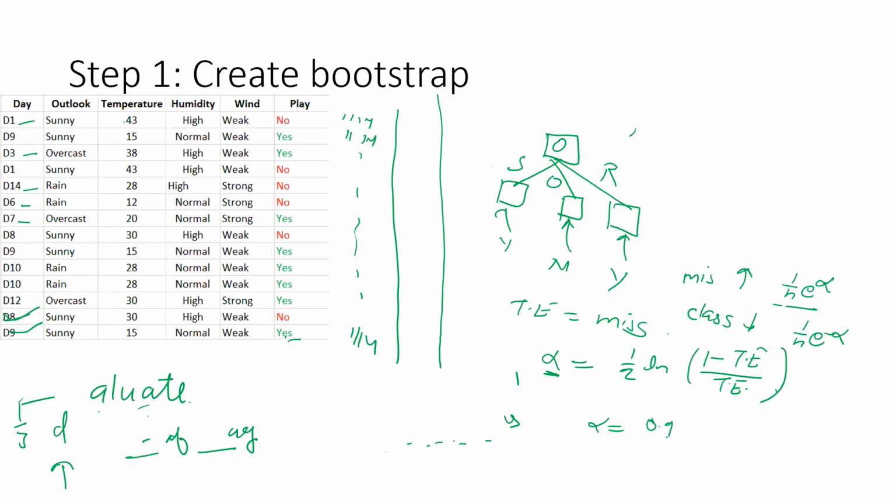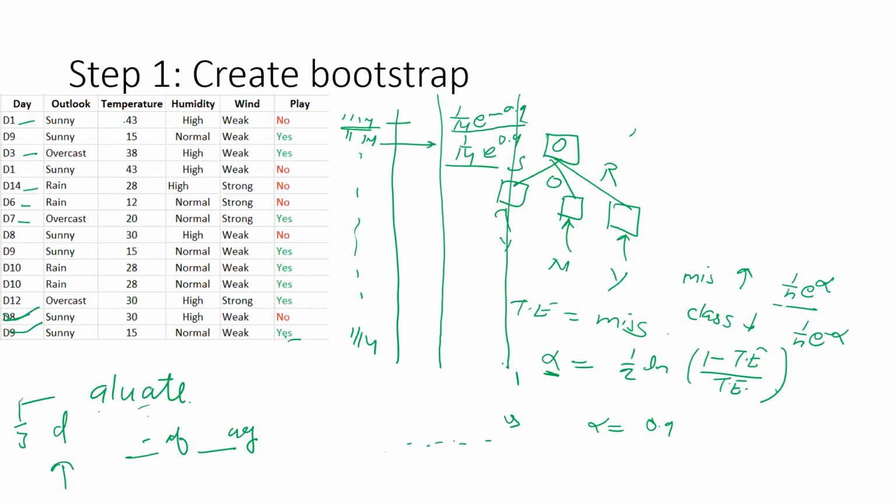If this example is correctly classified, the next sample weight is going to be 1 by 14 e raised to the power minus 0.9. If this example got misclassified, it is 1 by 14 e raised to the power 0.9. So for all misclassified points, I have increased the sample weights, and for all correctly classified points, I will decrease the sample weights.